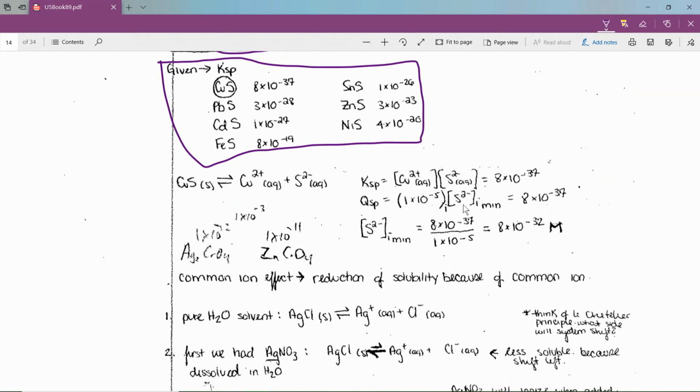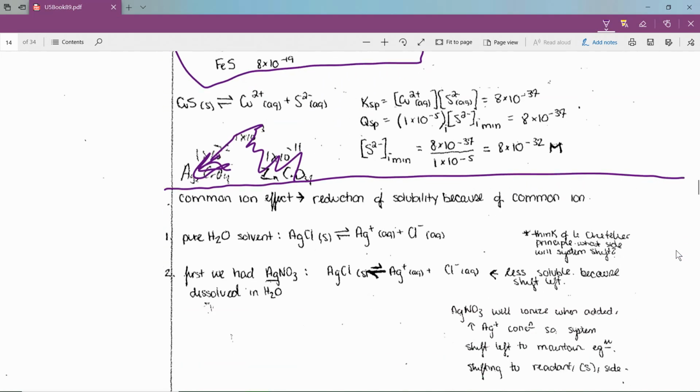So the minimum amount of sulfide, knowing that the Cu2+ is 1 × 10^-5, would be 8 × 10^-32. Okay, this one here, I don't care about that. So that is an example of selective precipitation. So you might expect 1 or 2 questions on an assignment or a test about that.